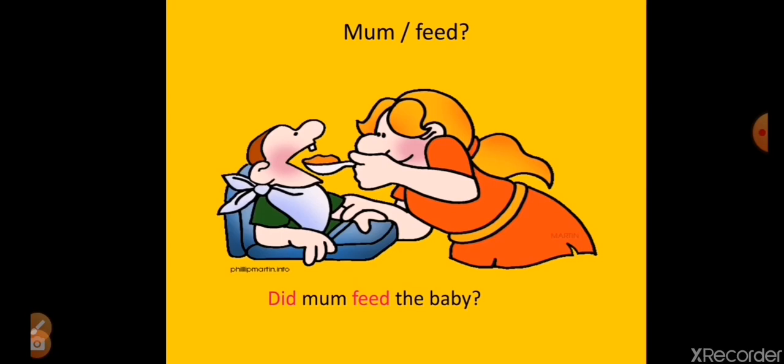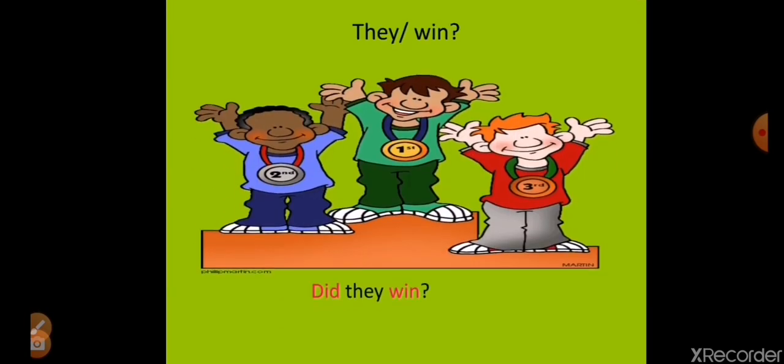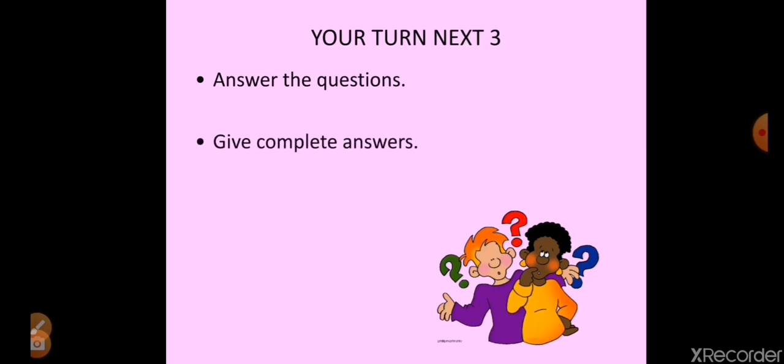Did mom feed the baby? Yes, she did. Another picture, Jane buy. Did Jane buy? No, she didn't. Let's look at this one. They win. Did they win? Yes, they did.